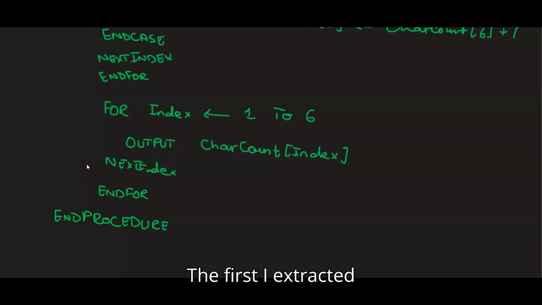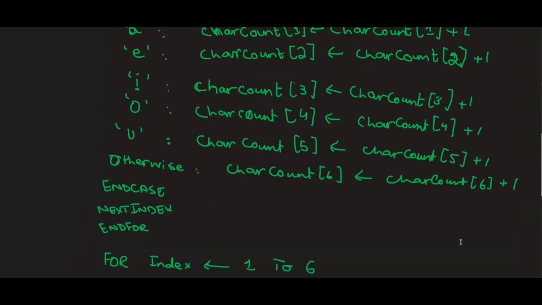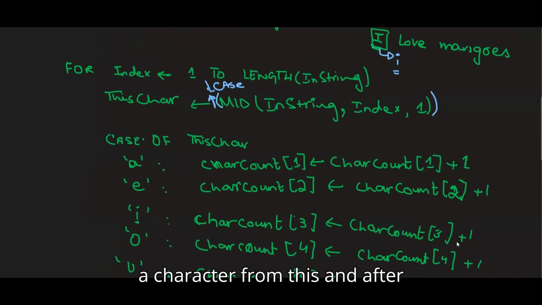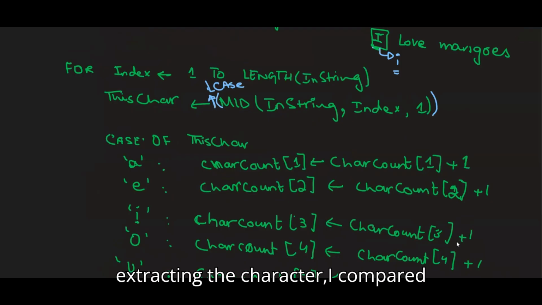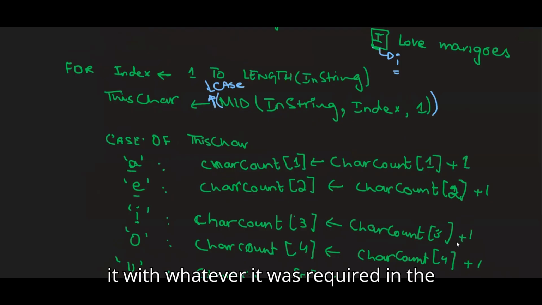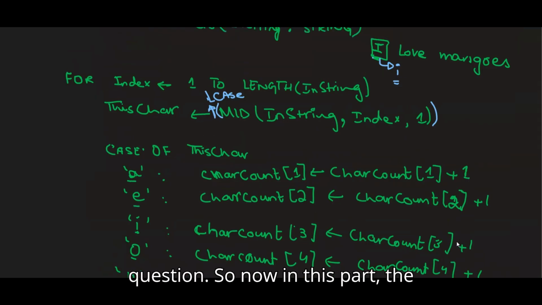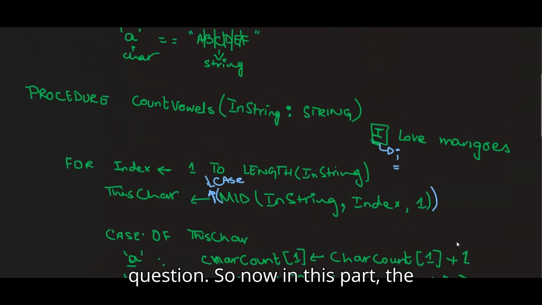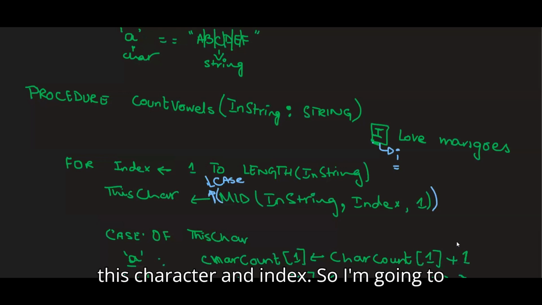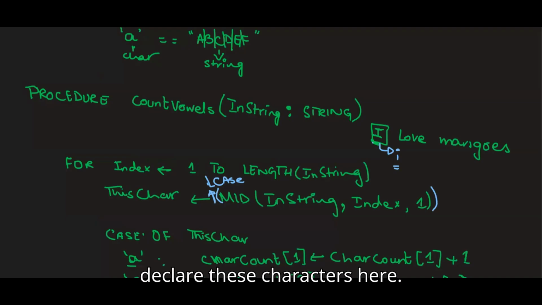So first, I extracted a character from this, and after extracting the character, I compared it with whatever was required in the question. So now in this part, the only variables that I used are this character and index. So I'm going to declare these here.